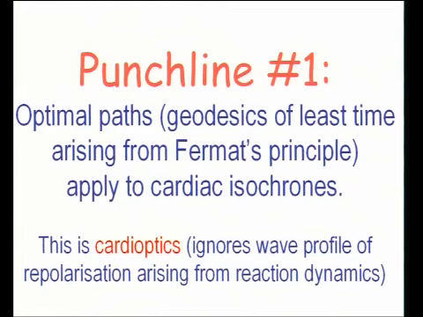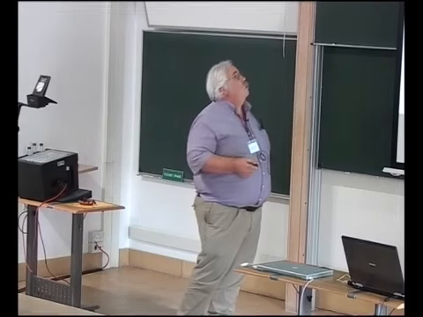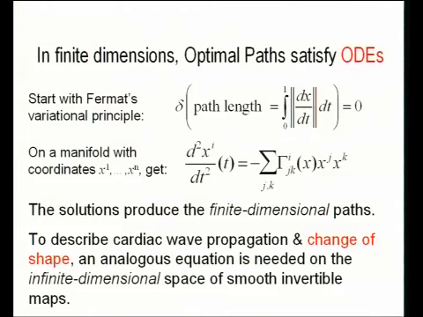Okay, so the first punchline is that optimal paths apply to cardiac isochrones, and these are basically geodesics of least time in Fermat's principle. So we might call this cardioptics, right? It ignores the wave profile and it just describes the propagation of the wave front. So in finite dimensions, these optimal paths satisfy ordinary differential equations, and this is their typical form.